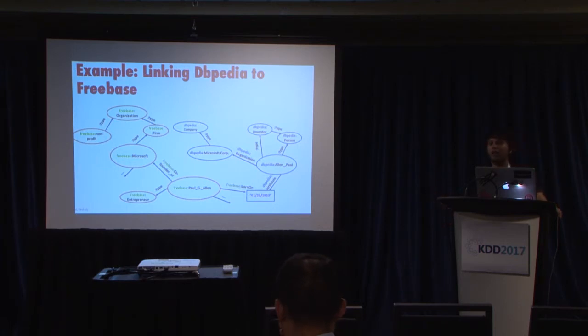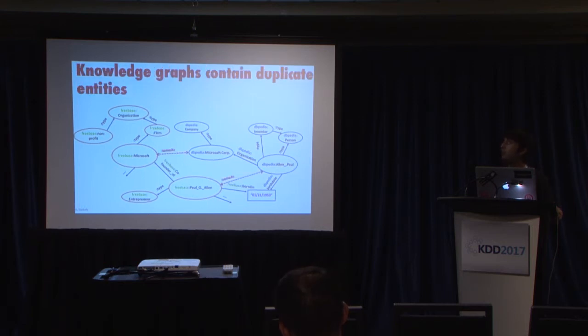Looking at this, you might think string matching would work, but it's not enough because you have many Paul Allens, and you quickly run into ambiguity problems. So you have to use not just string features, but also context and other things to infer which things refer to the same underlying entity.